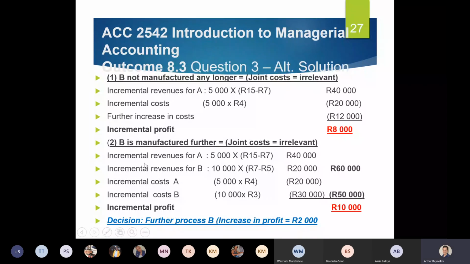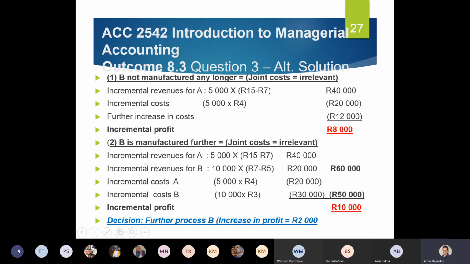Okay, the other way to do it is to look at incremental profit. This is not profit after the split off point. Incremental revenue for A: if we sell A at the split off point it is 7, if we sell it after processing, we get 15 Rand. So it's 8 Rand times the 5,000 is 40.